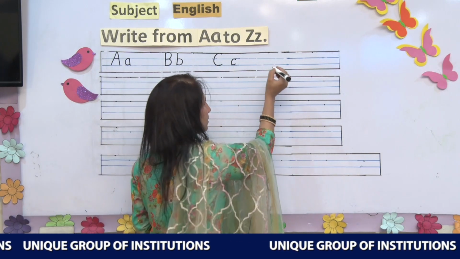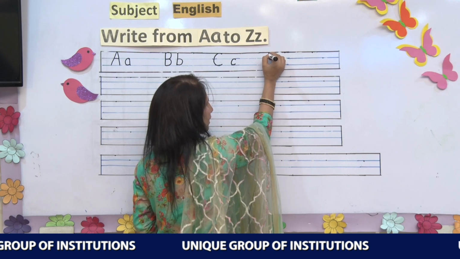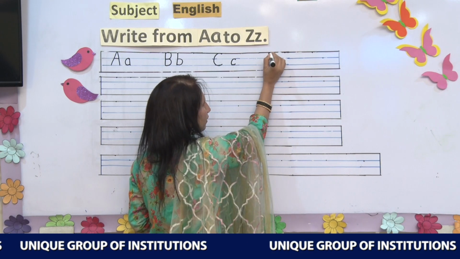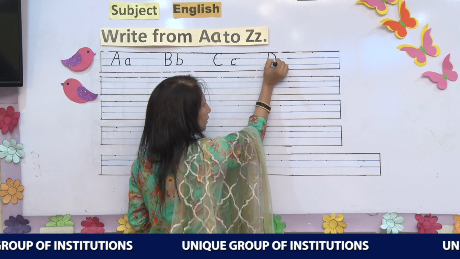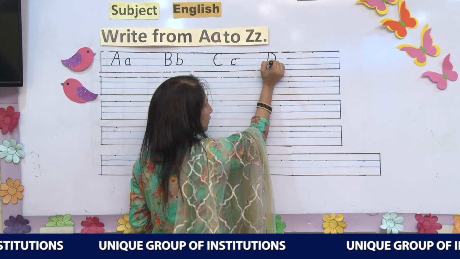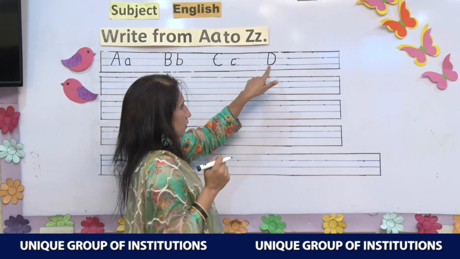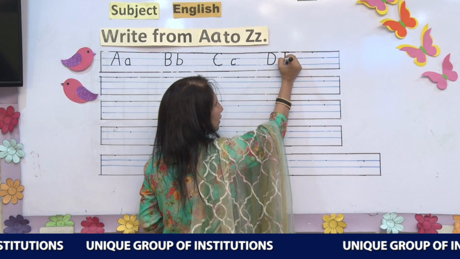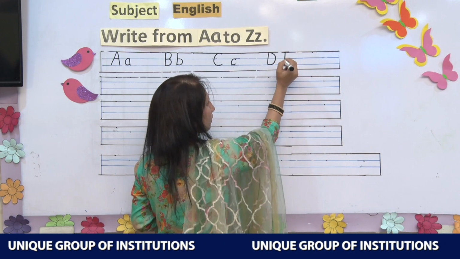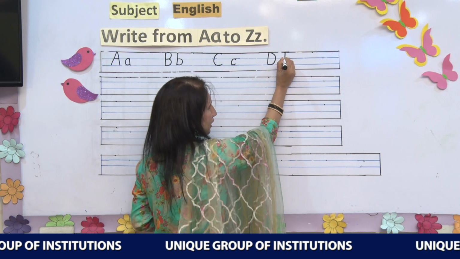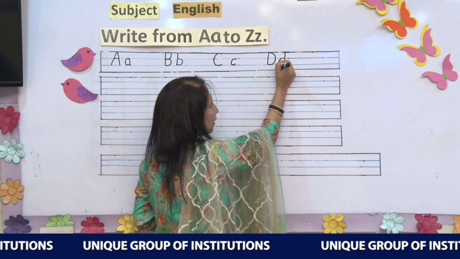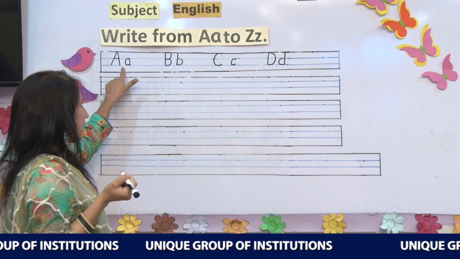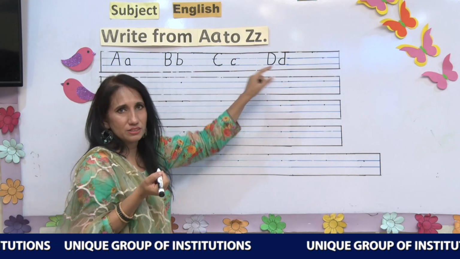Then we will write letter D. In first three lines, one standing line and then a half circle that is going to meet with these two points. Now the small letter, make a standing line, and in the center of two lines we will make a half circle like this. So A, B, C and D.